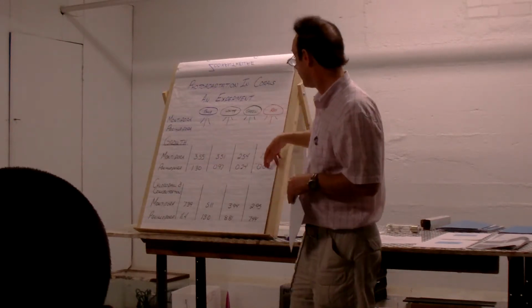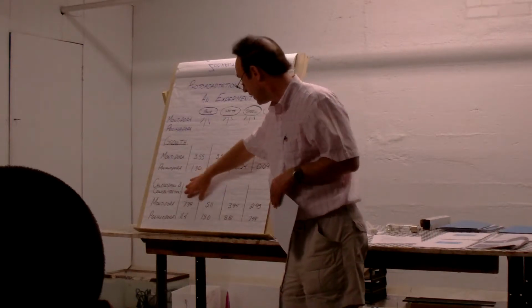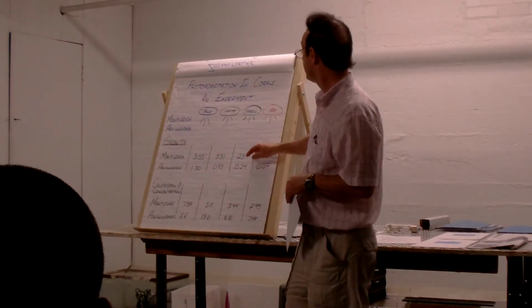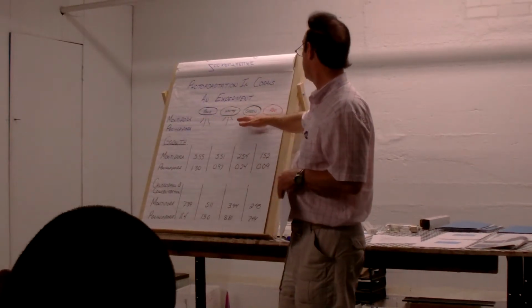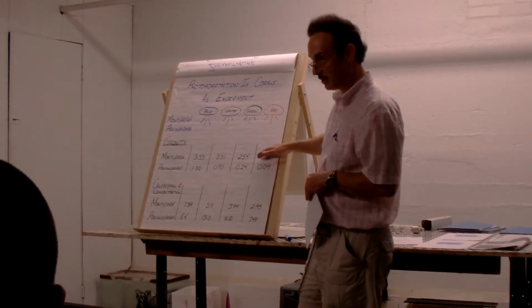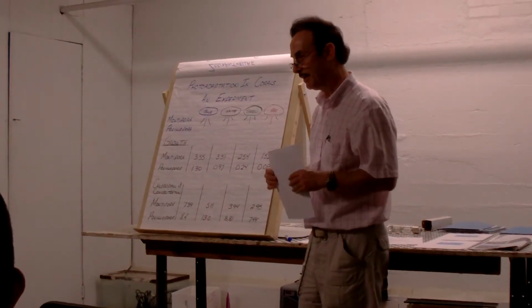Same trend with the other species of coral, and the same trend with the pigments. So we get the better results with the blue and the white, then the green and the red, with the red giving the poorest results.